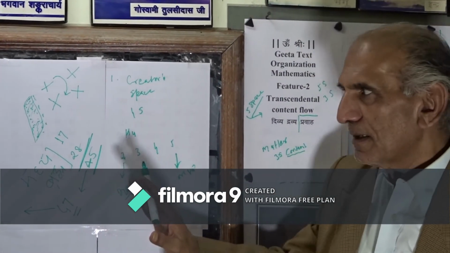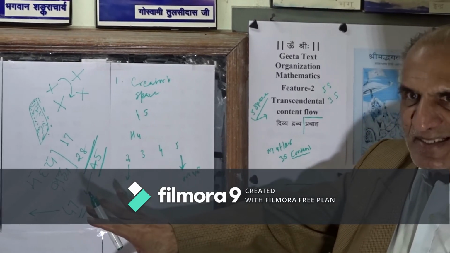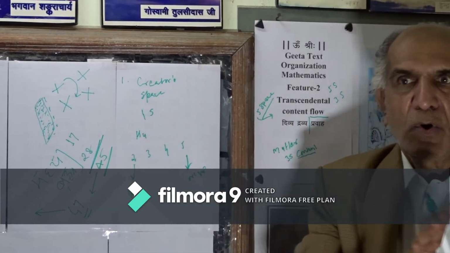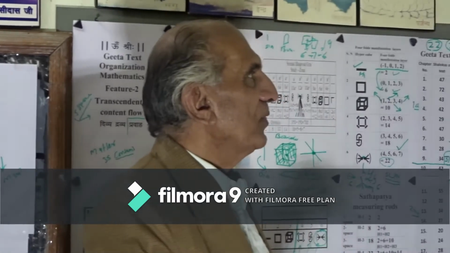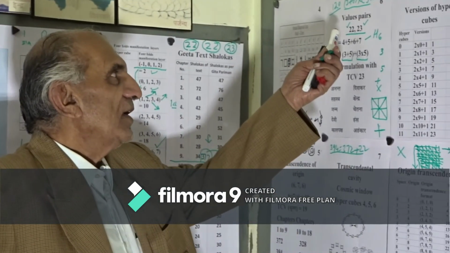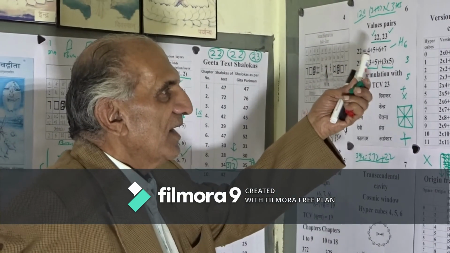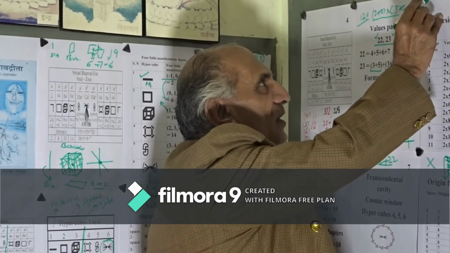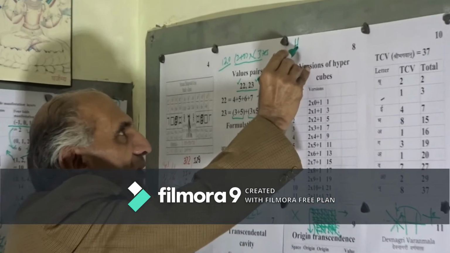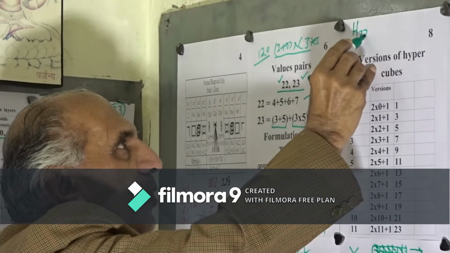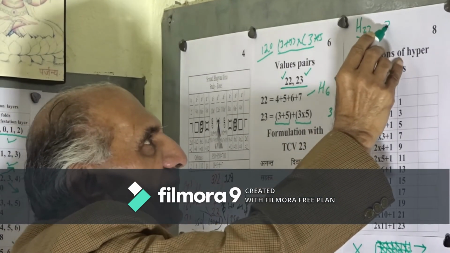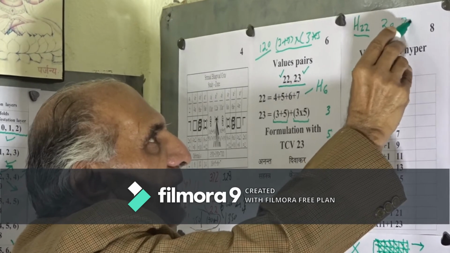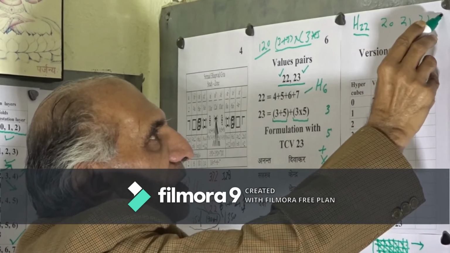Let us have a pause here and let us now revisit value 22. Value 22 takes us to hypercube 22. If we go to hypercube 22, what would it be? It would be 20, 21, 22 and 23.